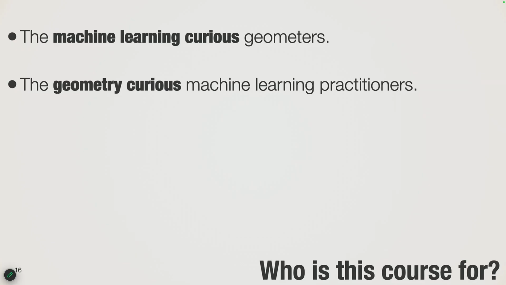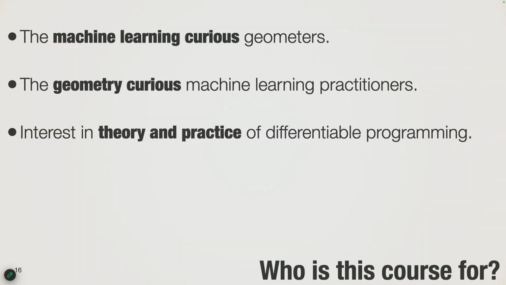However, we also hope that this course can be more broadly interesting and introduce some techniques from geometry processing to the broader machine learning community. The course is going to have two components. There's going to be theoretical explanations of everything, but we're also going to try to make it very hands-on and practical, and show you how to actually implement some of these algorithms.